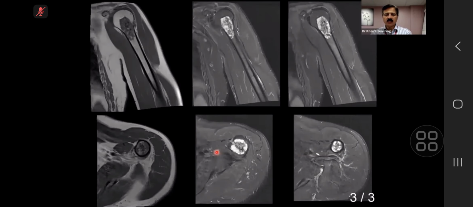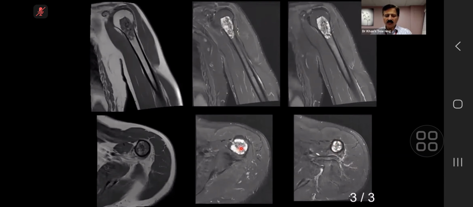The same case, this is a T2 weighted sequence. I'm just showing you this to develop your eyes. On this T2 weighted sequence, may it be a PD fat saturated sequence or a STIR sequence, you can see this lobulated chondroid matrix. And on an axial slice, you can see this lobulated, and you can see the cortex which is thickened.